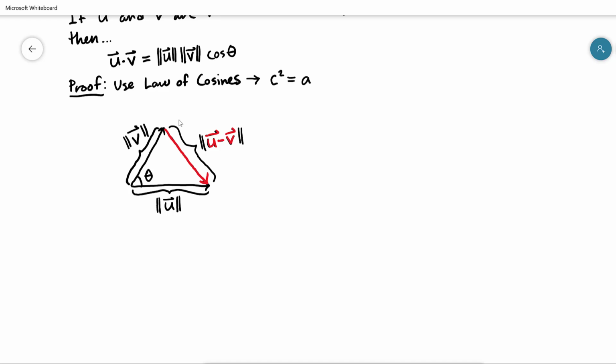So there was c squared equals a squared plus b squared minus 2ab cosine of the angle large C. And so this was for a generic triangle. Drawing it like this, where this is maybe C and A and B. Those were the sides of the triangle, and the angles were capital C, capital A, and capital B.